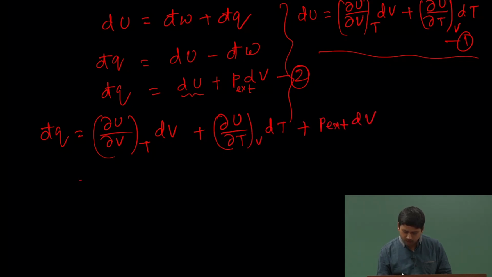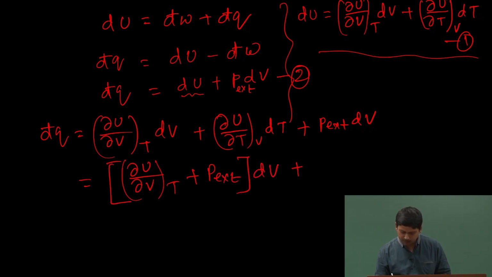Putting the two dV terms together: dQ equals [del U by del V at constant T plus p external] dV plus del U by del T at constant V dT.